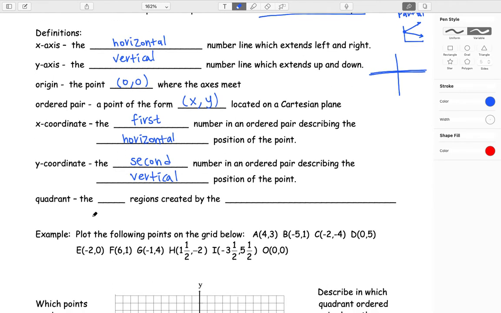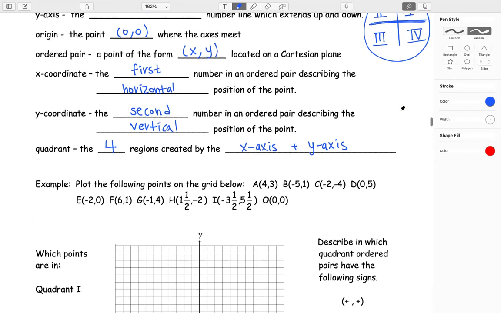Now, the quadrants: there are 4 regions created by the x-axis and y-axis. As you can see over here, we have quadrants 1, 2, 3, and 4. We write them in Roman numerals.